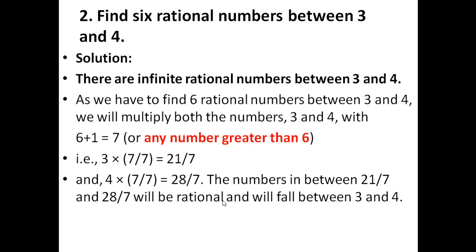As we have to find 6 rational numbers between 3 and 4, we will multiply both numbers 3 and 4 by 6 plus 1, that is 7. Here itself is a clue: in any question, see how many numbers they are asking. Here they are asking 6 rational numbers between these two numbers, so you take a number just more than that. Then it will be easy for you to solve the sum.